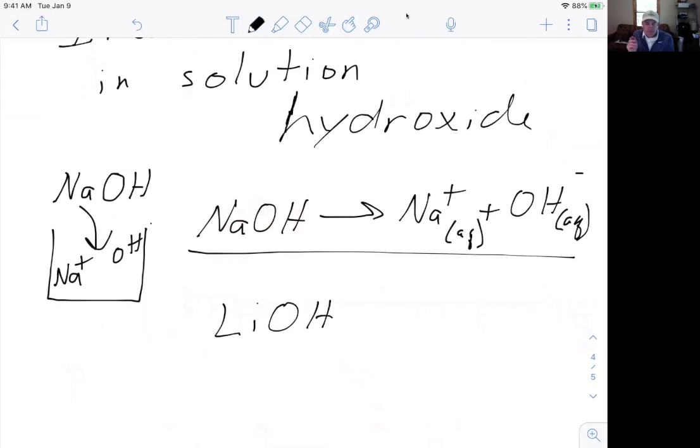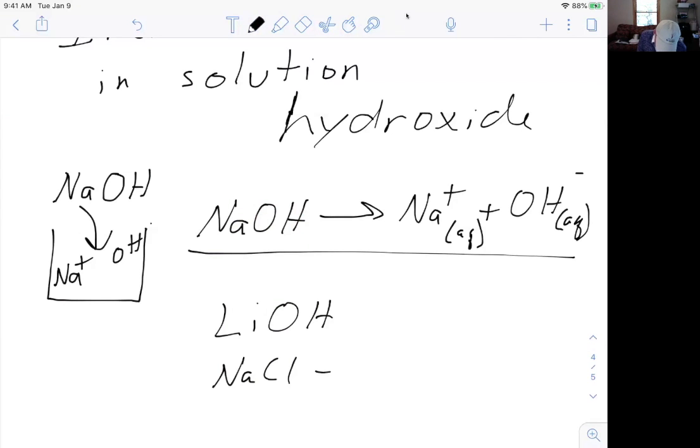That's a base. And then finally, if it is an ionic compound and it doesn't start with H and it doesn't end in OH, we're going to consider those salts. So something like NaCl. That's an ionic bond. Remember, it starts with a metal, ends with a non-metal, and it doesn't start with H, and it doesn't end in an OH.